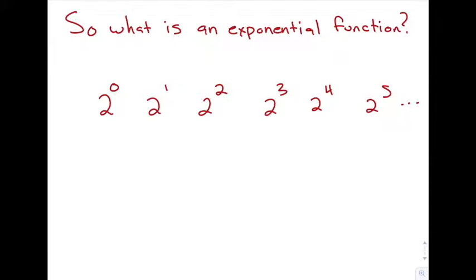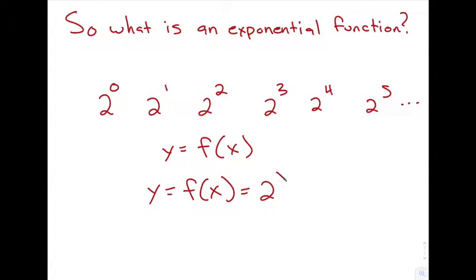So that would be like the y. So if we're thinking of like a y equals f of x here, what is going to be our x in this pattern? It's going to be the exponent. So now we're looking at functions that look like y equals f of x equals 2 to the x.